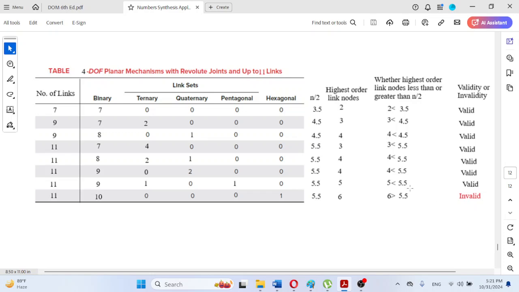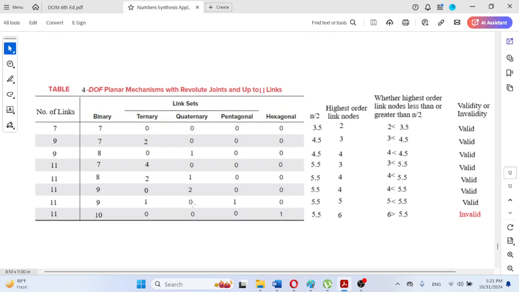So this is an invalid set, but we must list it in the table whether valid or invalid. This is the practical procedure, and we must necessarily mention all the link sets here which were practically obtained from number synthesis. So we will not omit any set, all will be listed here.